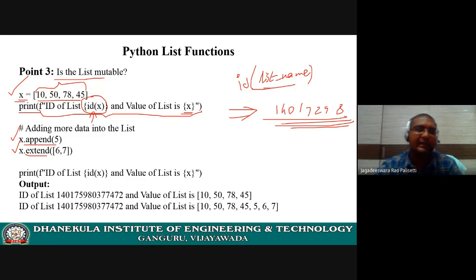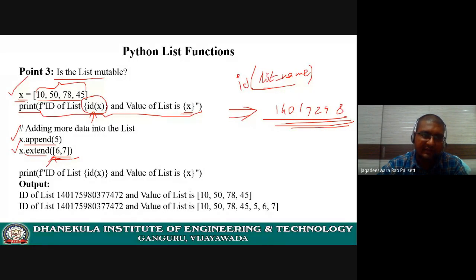But extend, see here. In extend, you add a list, because you are adding 6, 7 within square brackets. It will not add 6, 7 as a list. It will add 6 and 7 as individual integers when you use extend. That is the difference between append and extend.